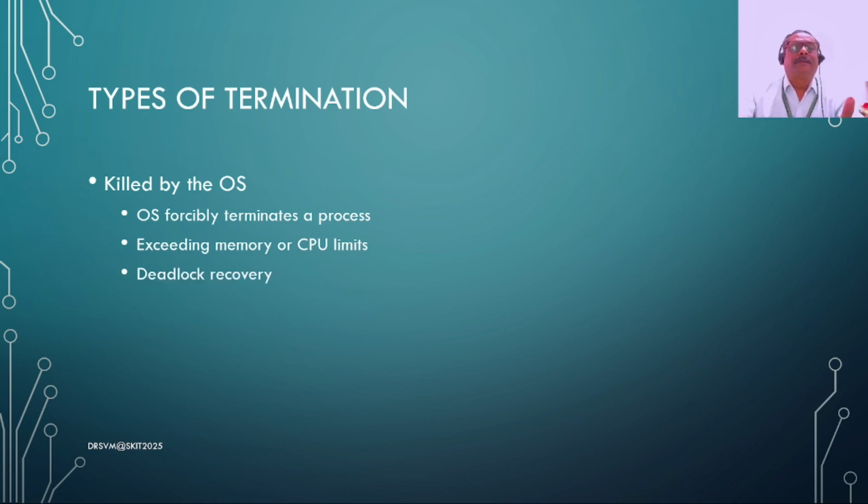So this is done to recover from deadlocks. What is deadlock? We will discuss this in detail when we work with resource management and process management, when more than one process is trying to use a resource like memory, file and all that. We will look at what deadlock is and how to recover.